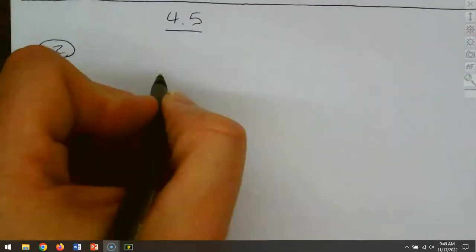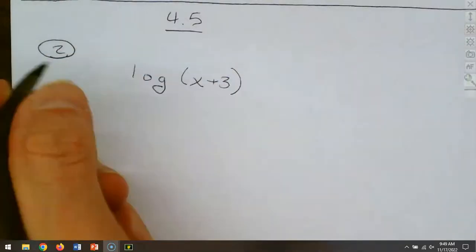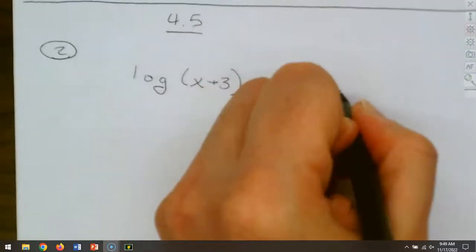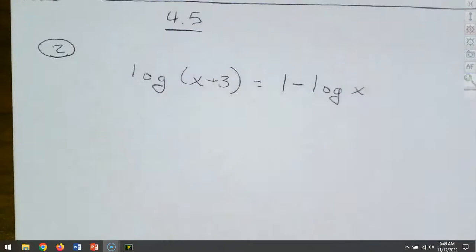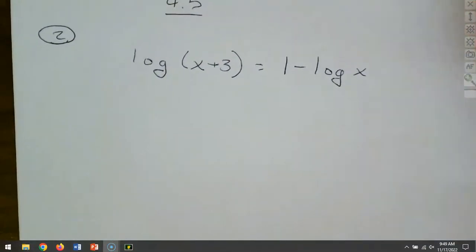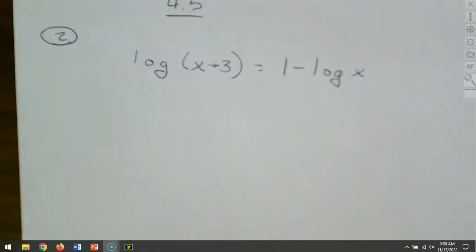So question 2 is log of x plus 3 equals 1 minus log of x. Now how are we going to solve this? Well, here's going to be our ultimate goal.